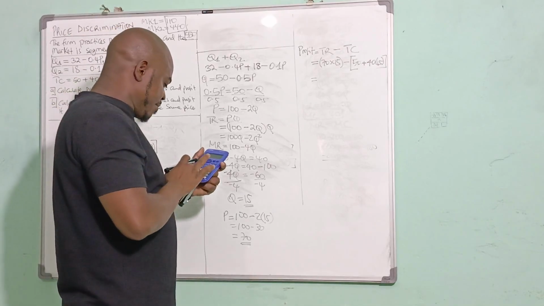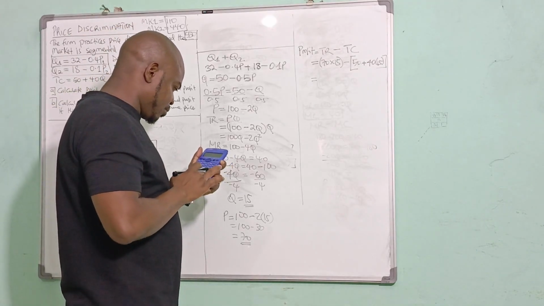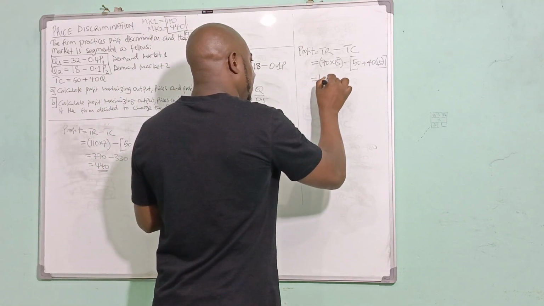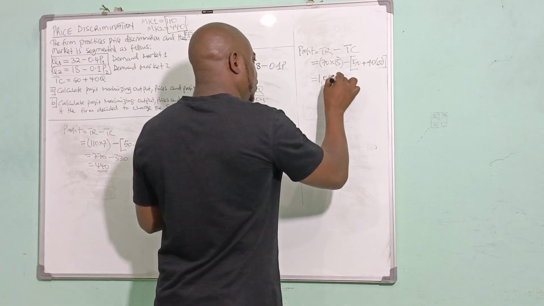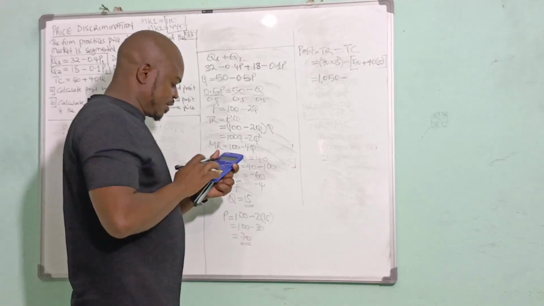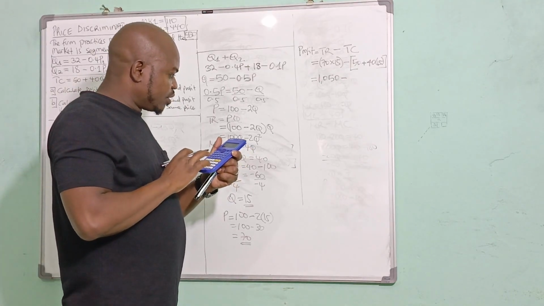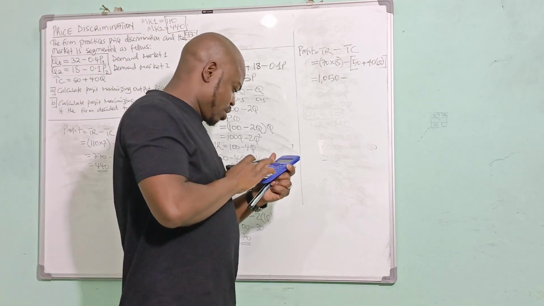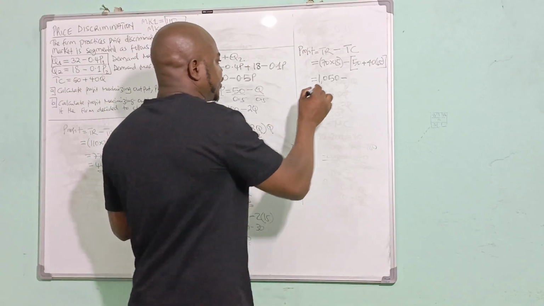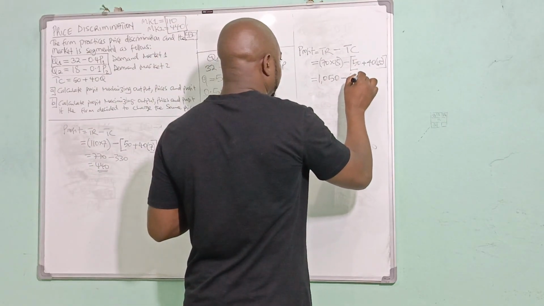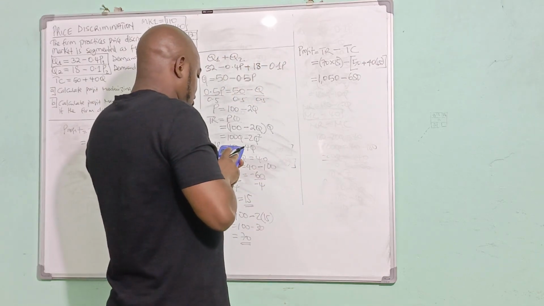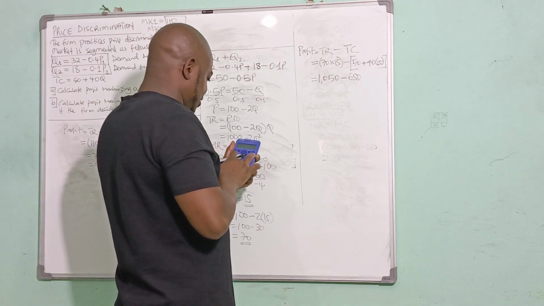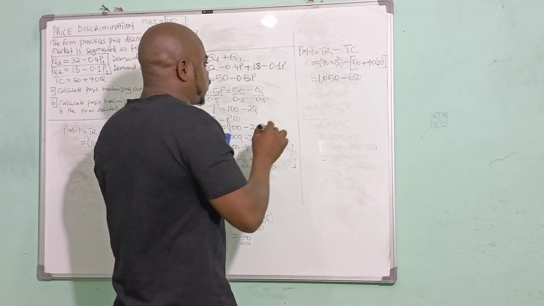So 70 multiplied by 15, I get 1050, minus 50 plus 40 multiplied by 15, I obtain 650. So now 1050 minus 650, I obtain 400.